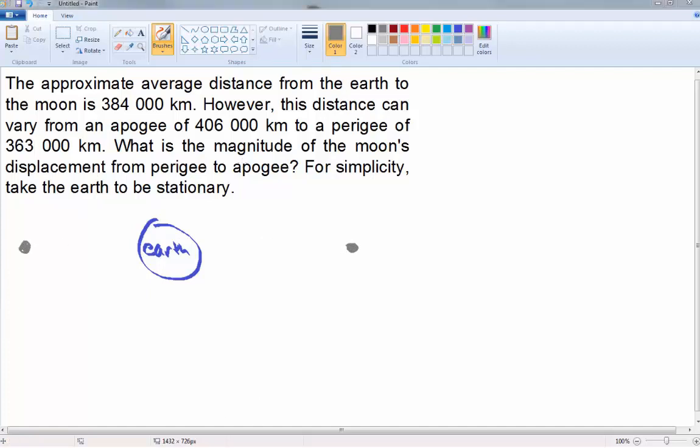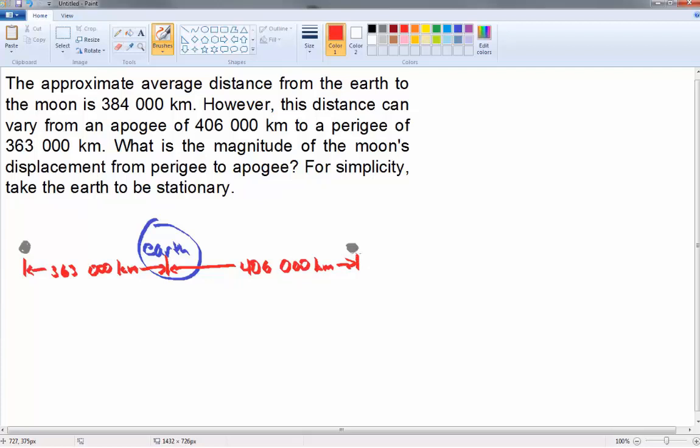Basically what we've been given are the distances between the Earth and the Moon. We're told that this distance right here, the shortest distance between Earth and Moon, is 363,000 kilometers. And then we're likewise told that this distance from center of Earth to Moon at greatest distance is more like 406,000 kilometers.